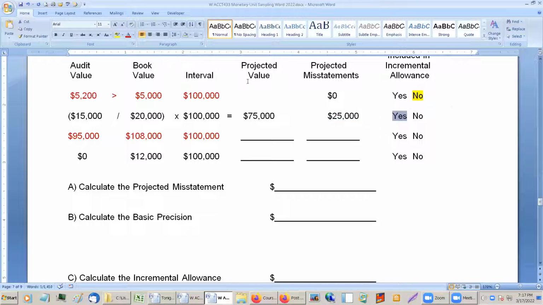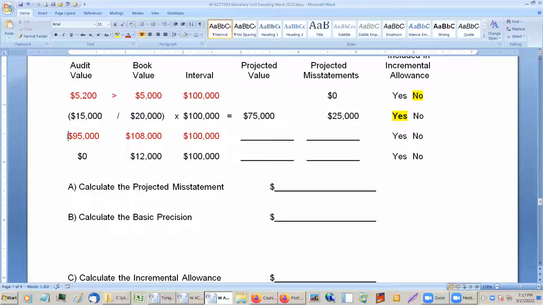So they say, look, there's 25,000 out there that could be worse than we think. And the fact that there is an error makes it more likely that there will be errors.